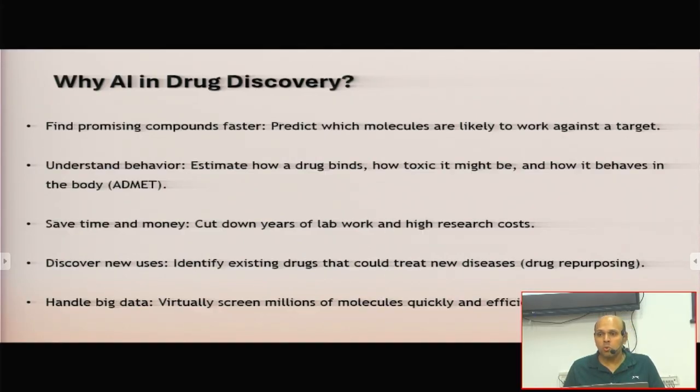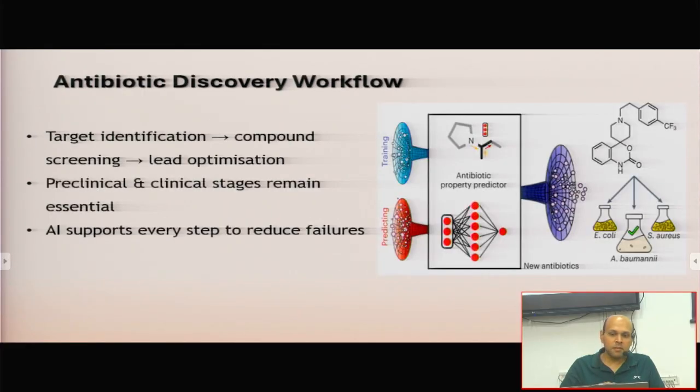Maybe you don't know what the examples are, and we will see through the slides that there are several examples of drugs that were developed for something and then applied for something else at the end. And then handle big data: virtually screen millions of molecules quickly and efficiently. All this is very computationally rich and it requires high computing power as well. So that is something that we need to appreciate as well.